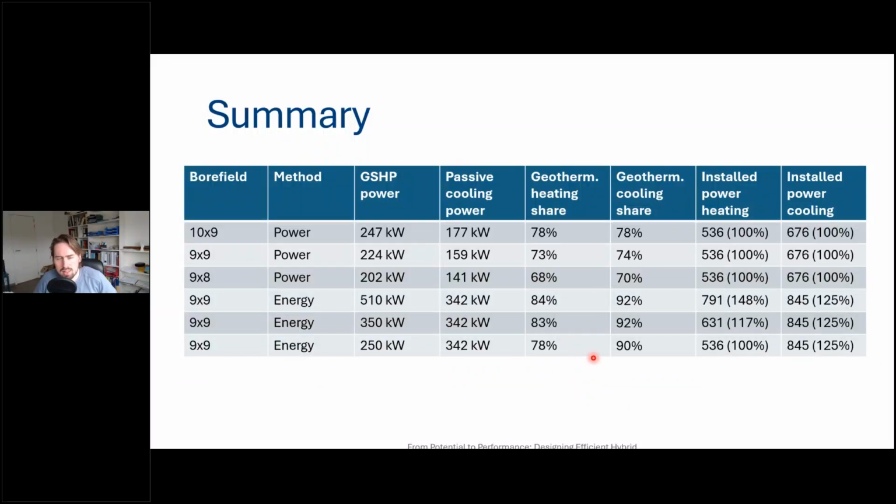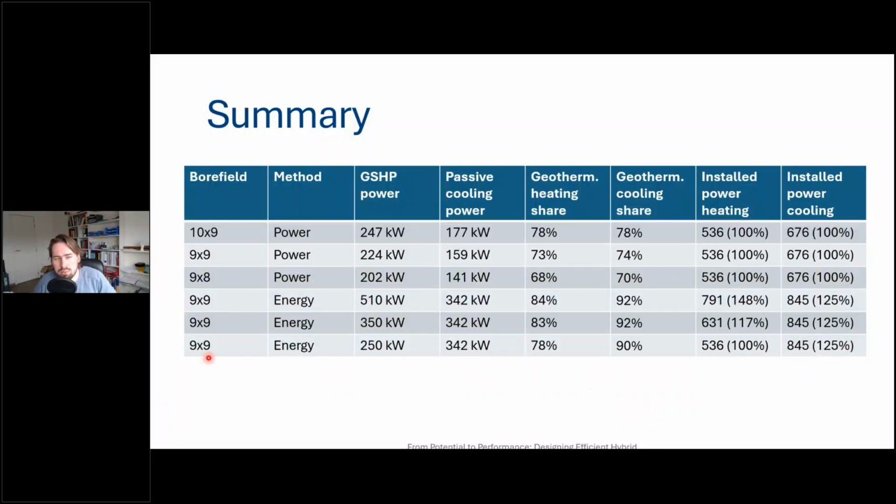And that's why this 9x9 optimized for energy gives us a higher geothermal share than the 9x9 optimized for power, even though they have the same installed power for heating, because they have different installed powers for cooling.